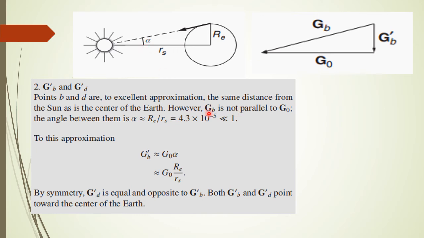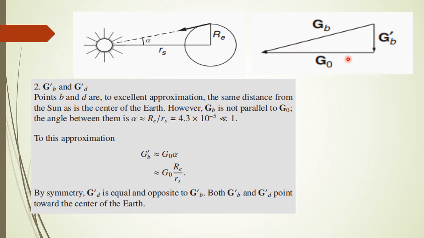Now GB is not parallel to GA, and the angle between them, alpha, is approximately equal to Re by Rs. That is equal to 4.3 into 10 raised to minus 5, which is much less than 1. So to this approximation, this is the direction of GB and this is the direction of Go. So we reconstruct this triangle of GB and Go, and this angle is actually alpha itself.